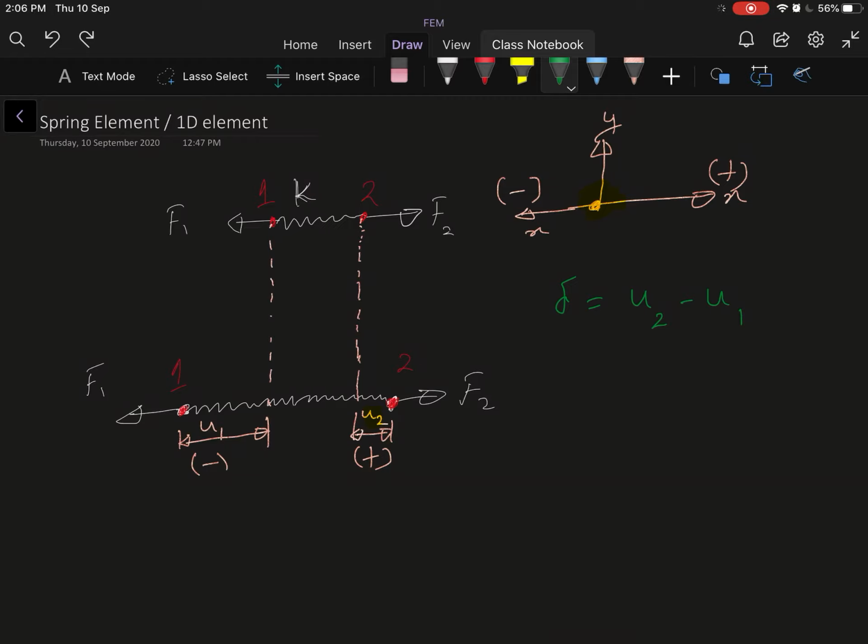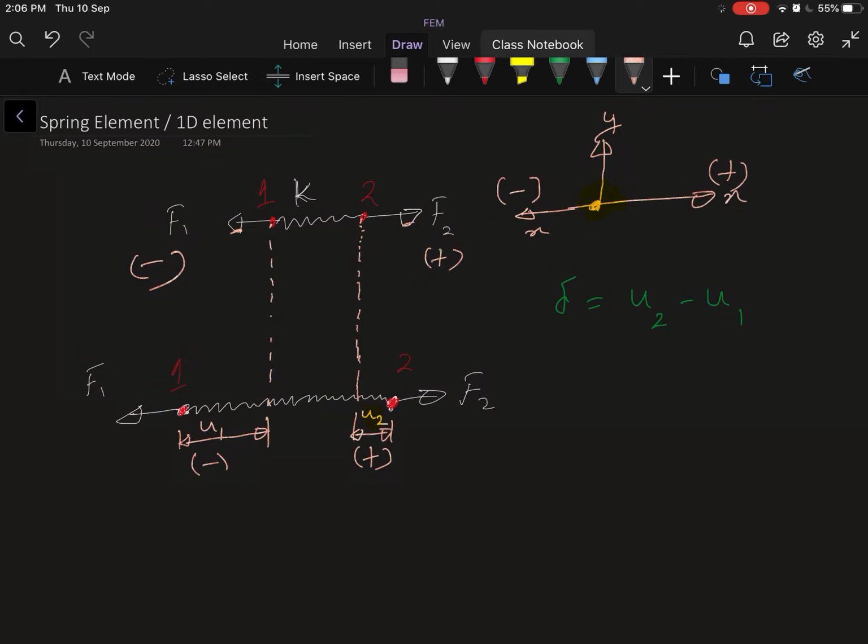Similarly, this force F2 would also be considered as positive as it is acting on the right hand side direction, and since this force F1 is acting on the left hand side direction, it would be considered negative.